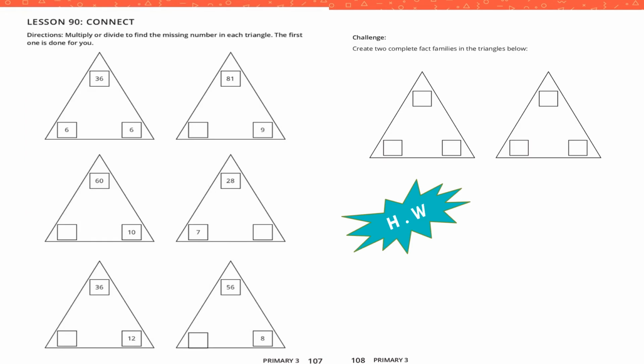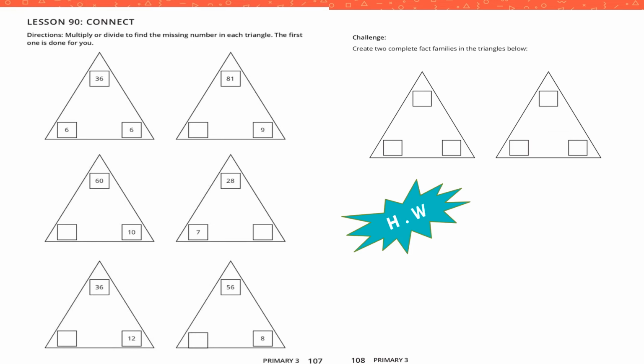Let's start lesson 90, the connect part. Multiply or divide to find the missing number in each triangle. It's the fact family. Here, look at the second triangle, 81, 9, and a space.